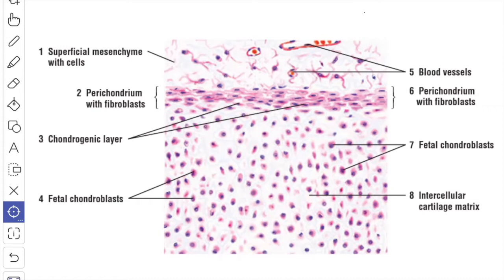The replacement of cartilage by bone is called the ossification. The ossification of cartilage has to be carefully distinguished from calcification. In calcification, the matrix hardens because of the deposition of calcium salt, but the true bone is not formed.